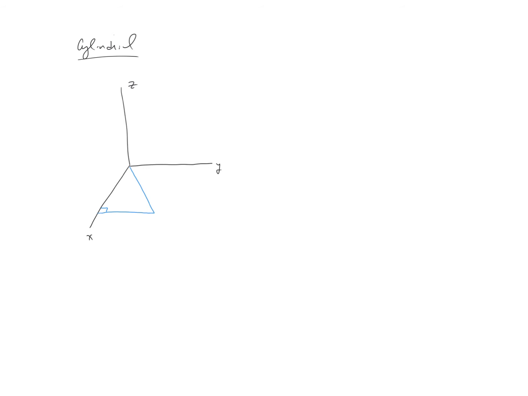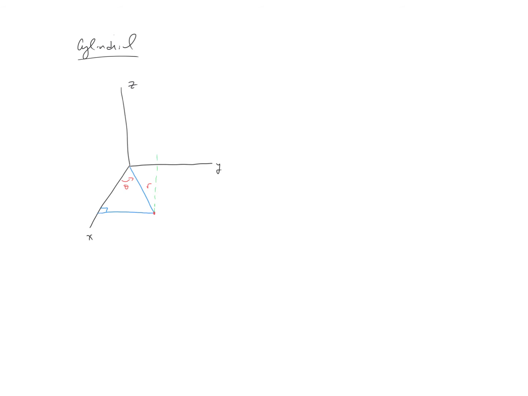Since cylindrical is just an extension of polar, it's probably obvious that this guy right here would be our theta, and this guy here would be our r. So we would move out a distance of r, we'd move around theta, and that would put us at this point right here.